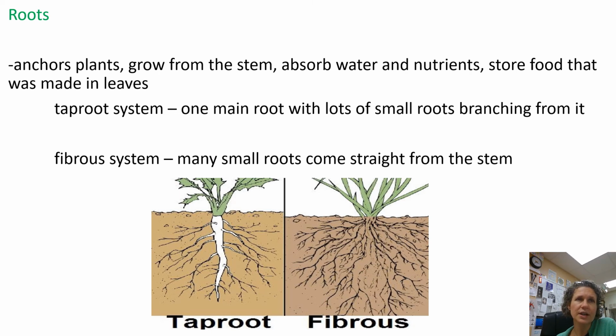Think about trying to pull out a weed. Some of them do have a taproot, but the fibrous are really diverse. Fibrous root systems are really good at stopping erosion of soil. They help trap the dirt around them, but that makes them hard to pull out.